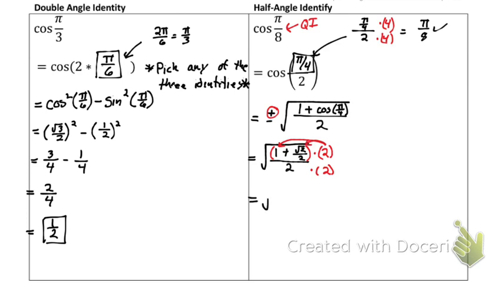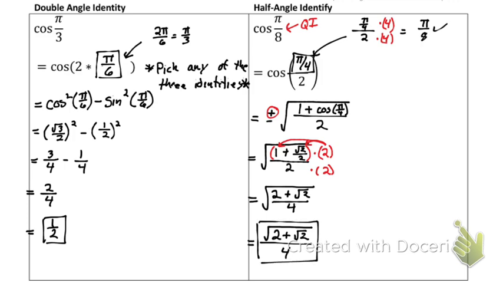And you're just going to have the square root of 2 plus square root of 2 all over 4. Now remember, when you take a square root of a fraction, you're actually taking the square root of the whole numerator and the square root of the denominator. So the only thing that really simplifies it, it seems weird, but this is the simplified form of this. This is going to be 2 plus square root of 2 all over 4.